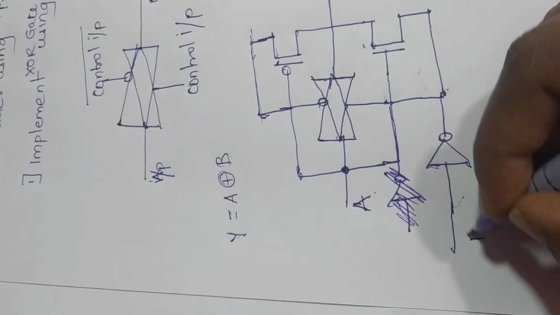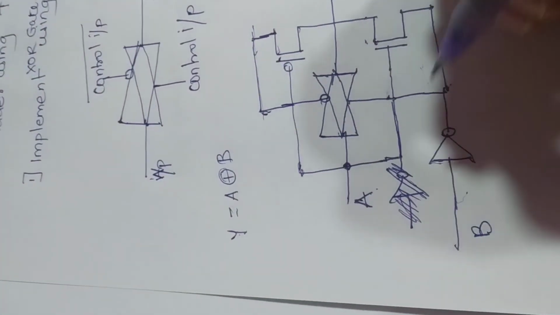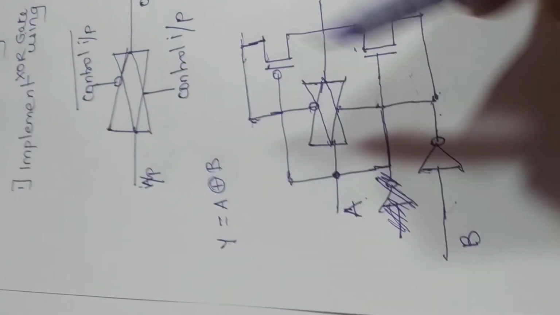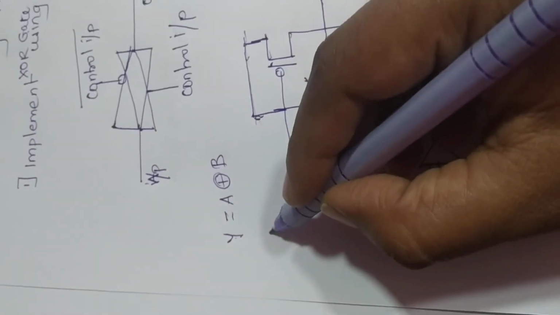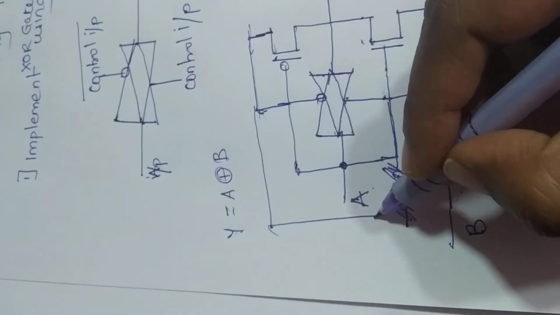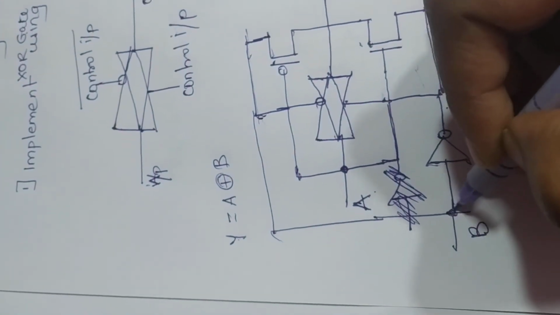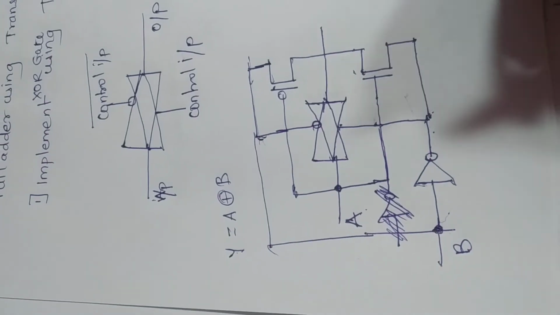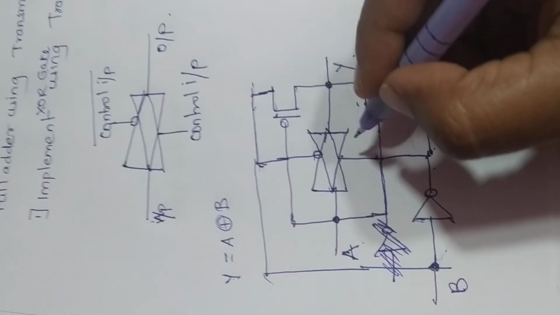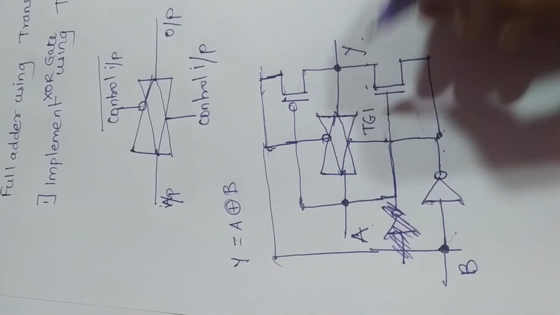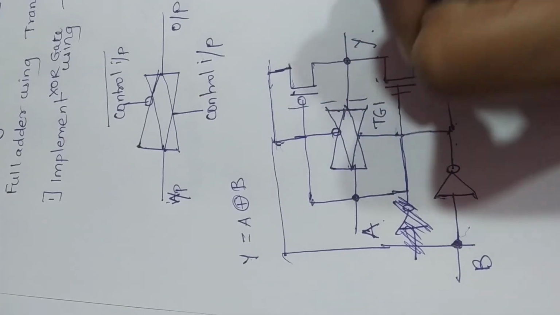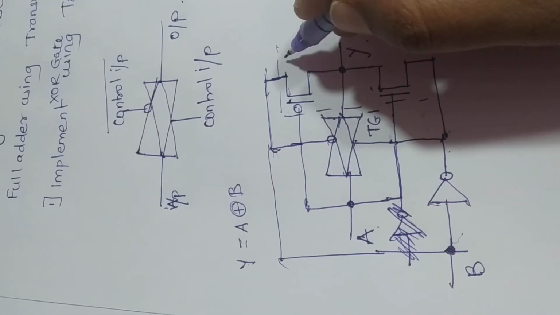So this is my B, and the complement of this, B bar, I am applying here. B I am applying to the PMOS input, that is the other terminal of the transmission gate. Getting this, here I am getting the final output Y, that is your TG1, and this is your CMOS inverter. One PMOS and one NMOS makes your CMOS inverter.